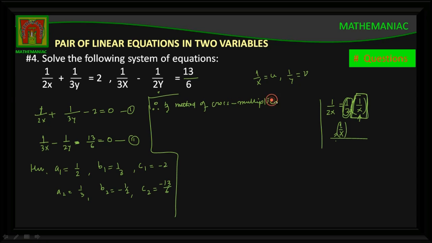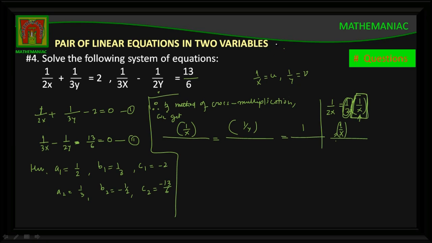So you have used the method of cross multiplication. What we get, this is the part I was talking about: 1 by x, 1 by y, and the constant is 1. Great. So what is the shortcut I have given you to work on this?